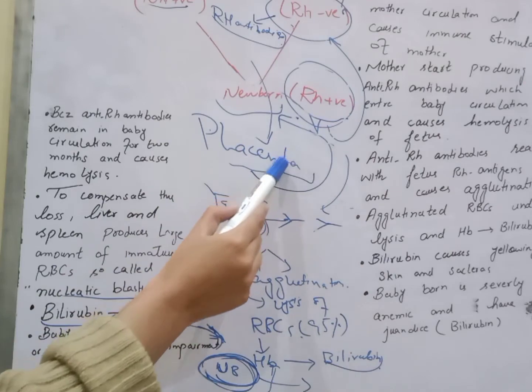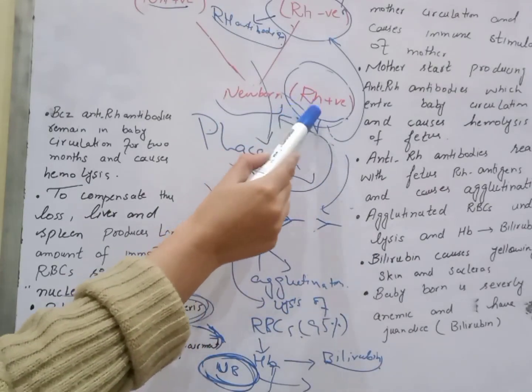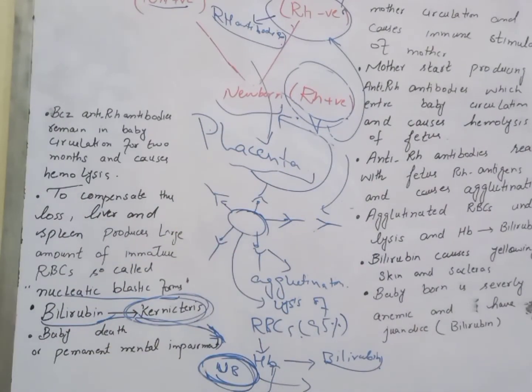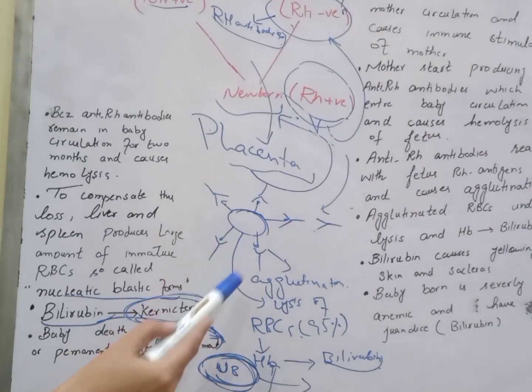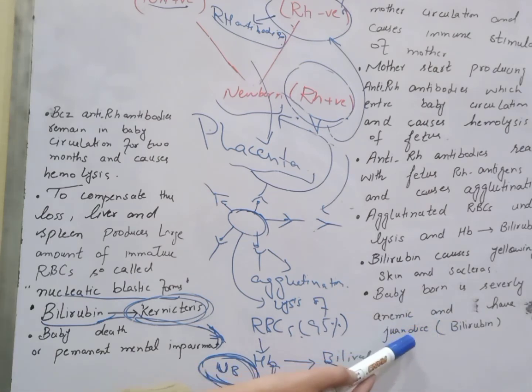Rh antibodies then again pass through the placenta into the baby and cause agglutination of RBCs there. Agglutination will lead to lysis of RBCs, and whenever there is lysis of RBCs, hemoglobin will be released. Hemoglobin gets converted into bilirubin, and bilirubin then causes jaundice.